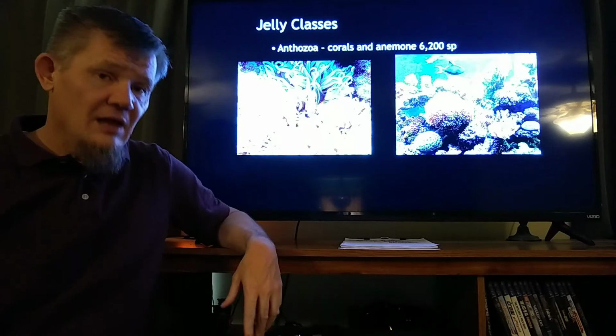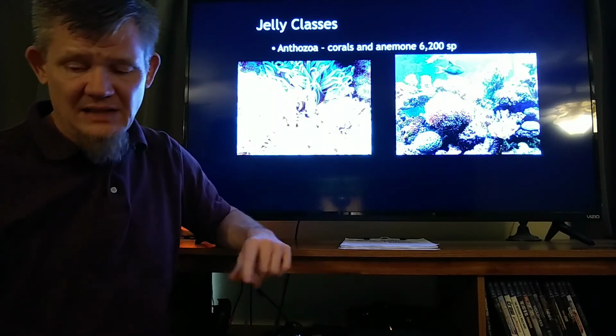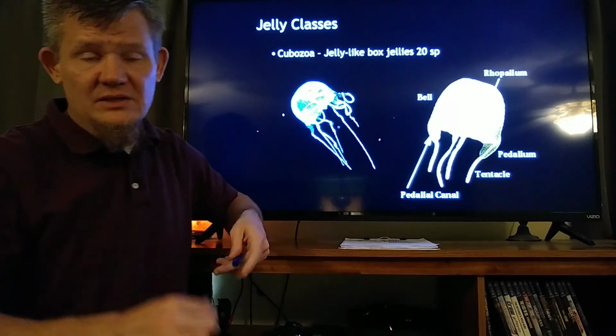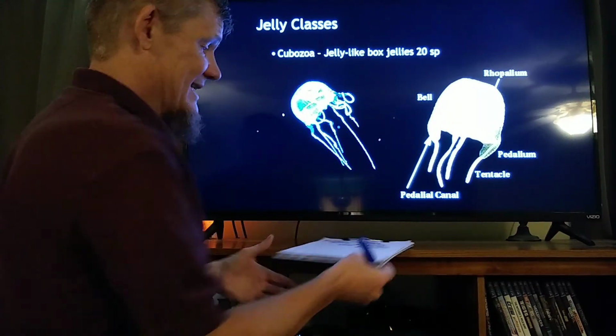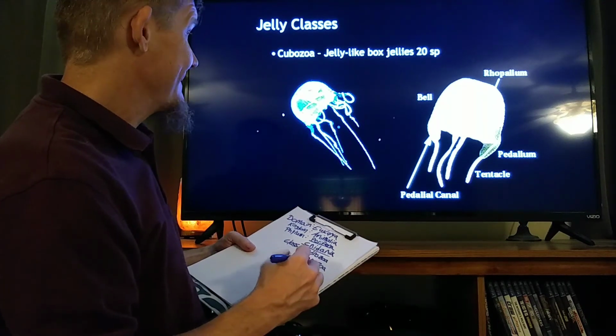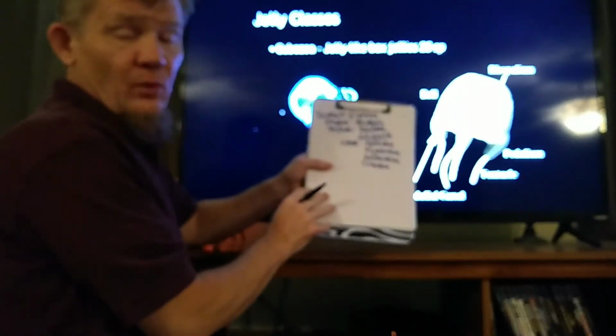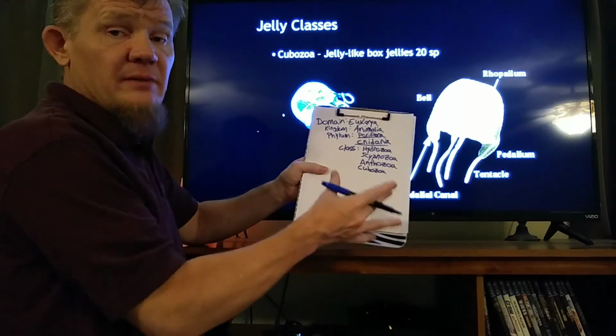There are 4 groups that we're going to talk about. Our last group of jellies are the Cubozoans. Our last class. What's the root word, Cubozoa? The root word is cube. What is a cube? A cube is a 3-dimensional square.